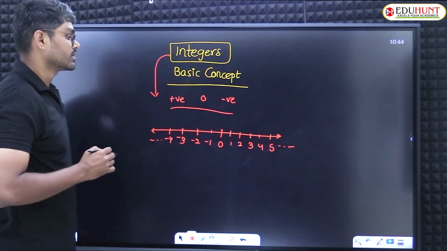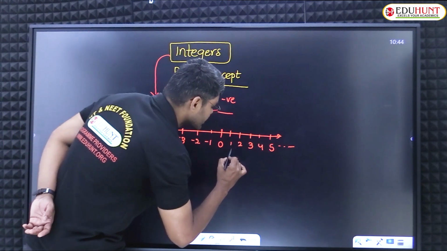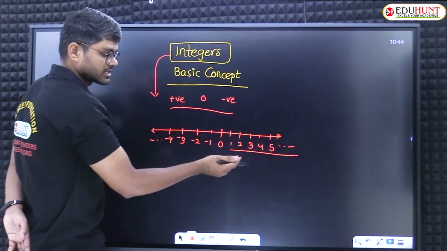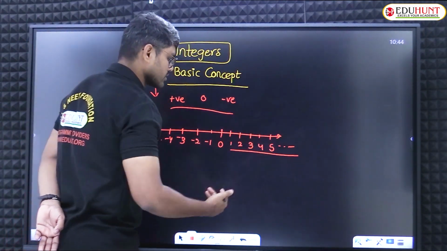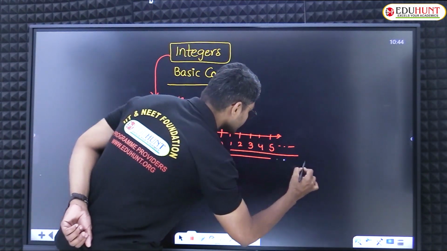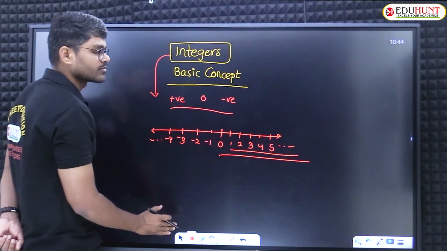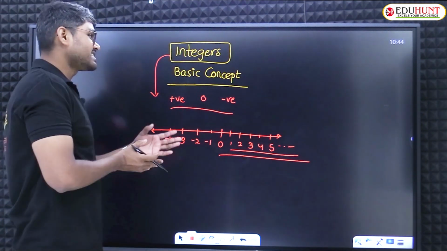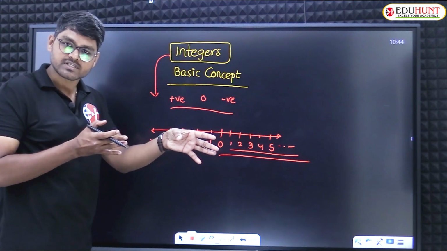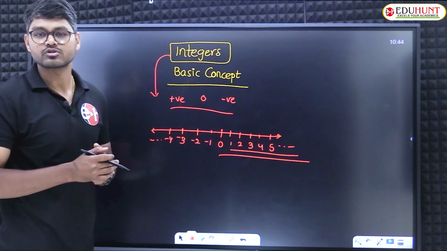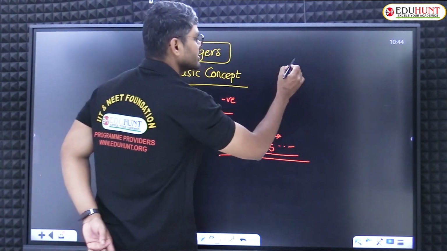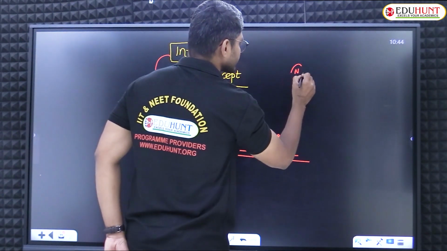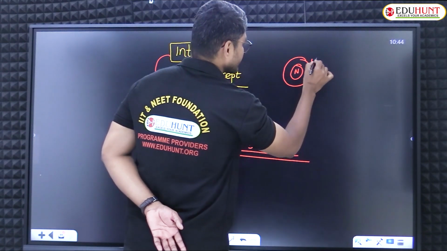These numbers 1, 2, 3, 4, 5 are called natural numbers. These numbers 0, 1, 2, 3, 4, 5 are called whole numbers. That means in integers, natural numbers are included and whole numbers are also included.